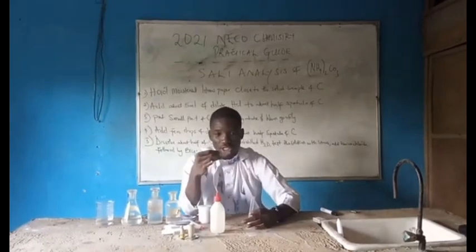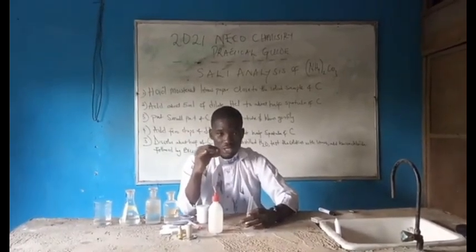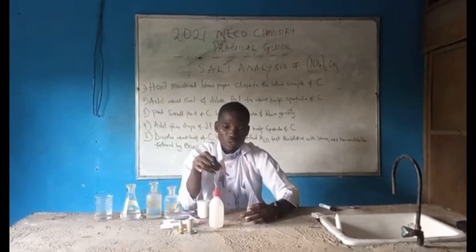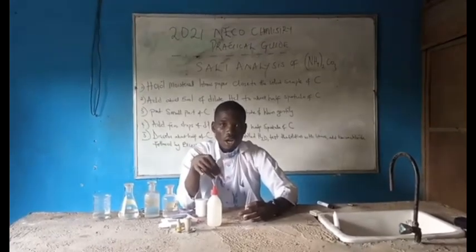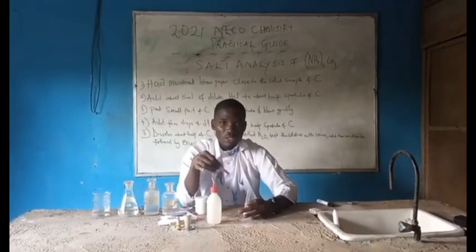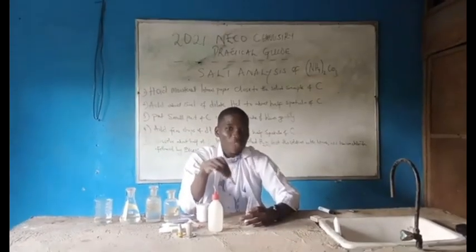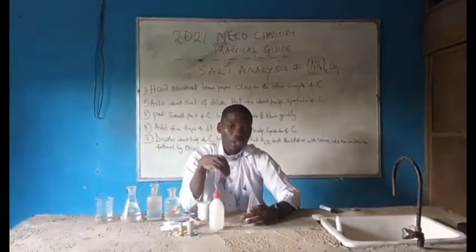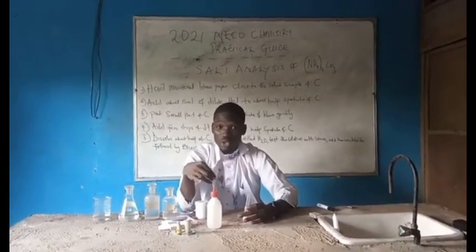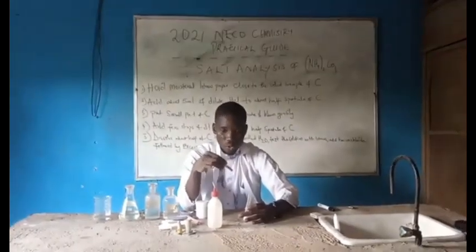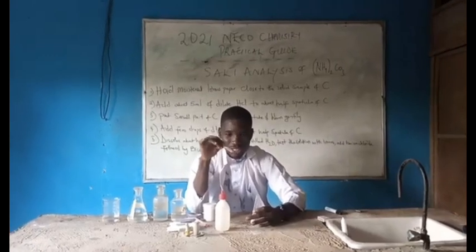As you can see, it's changing gradually. So it means that this baking powder we are using replaces the ammonium carbonate. And don't forget, if we can't find the ammonium carbonate, we can use baking powder, or we use baking soda. As you can see, it's changing gradually.